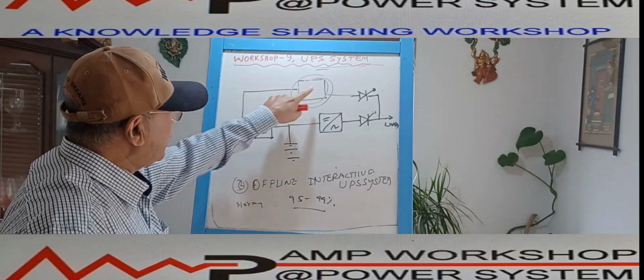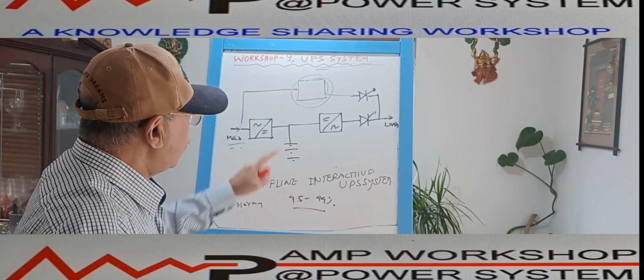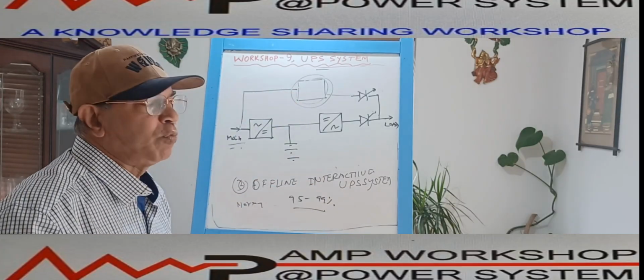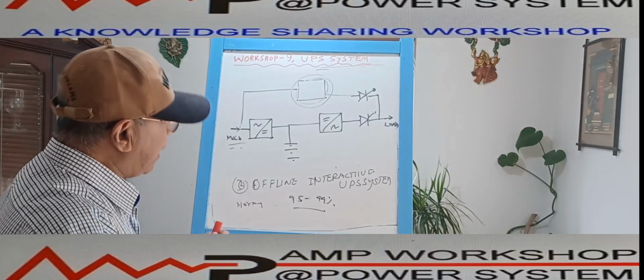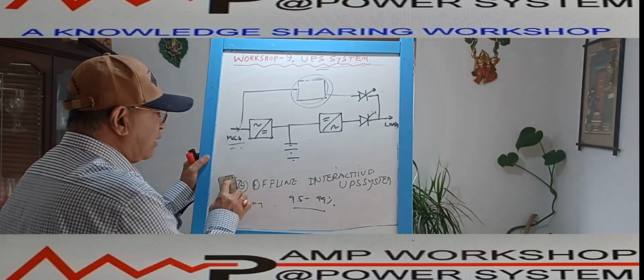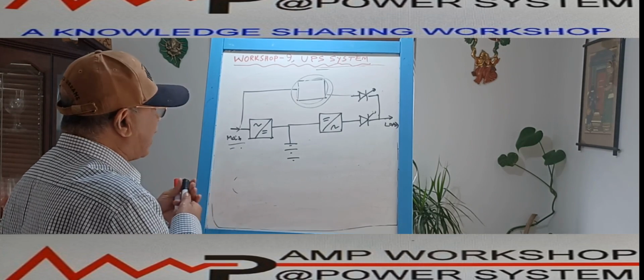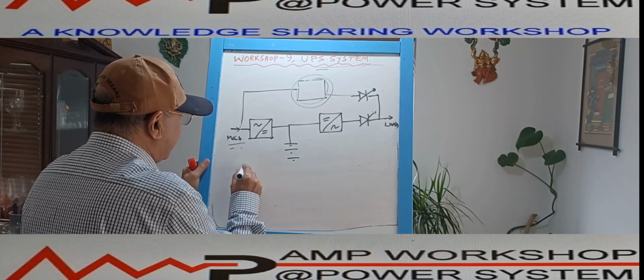When we are incorporating this additional device in the offline UPS, we call it offline interactive UPS system. There are two types of device available in the market. Now, what are these two devices? The number one device is a buck boost transformer.